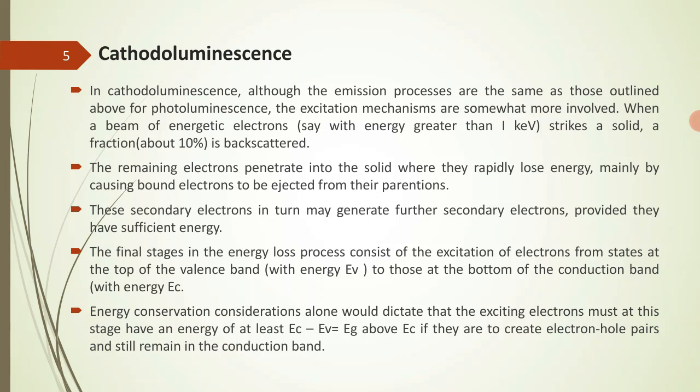The second type is cathodoluminance. Cathodoluminance occurs due to the excitation by beams of electrons. The emission process is the same as that outlined for photoluminance, but here the remaining electrons present in the energy level band will lose their energy, which may cause bound electrons to be ejected from their parent ions.